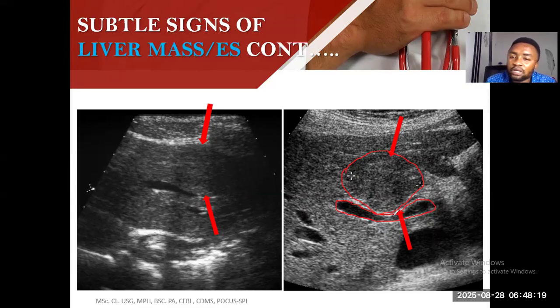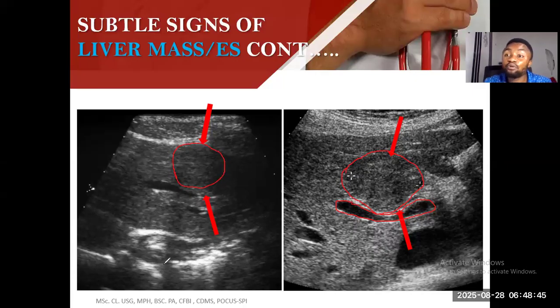Don't always focus on the echogenicity, but also focus on the structures, the tubular structures. If they are supposed to be straight and they are curved, know that there could be something pushing them. Then there is a mass here. There's also a subtle mass.